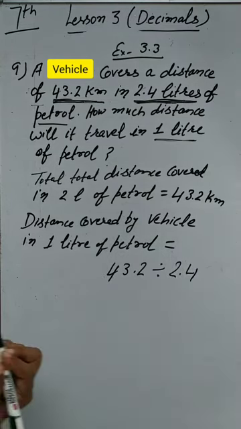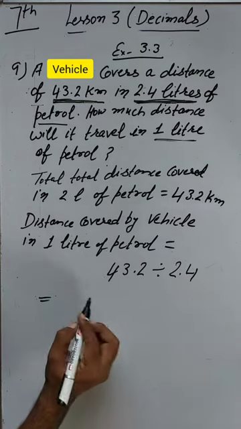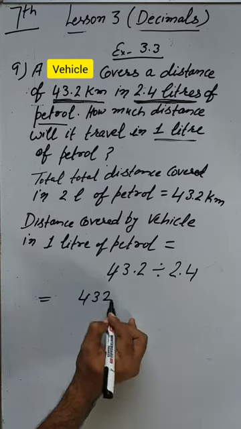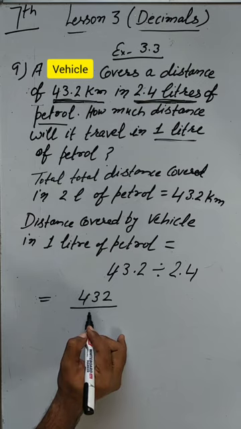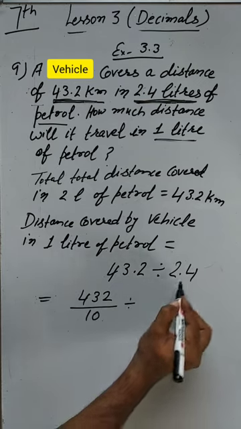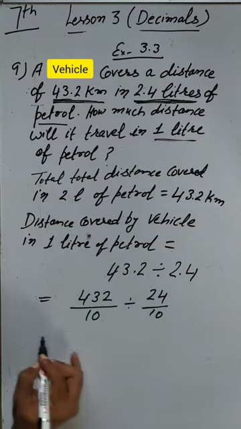Now beta, both numbers are in decimal, so first convert them into fractions. It will become 432 divided by 10, and 24 upon 10.